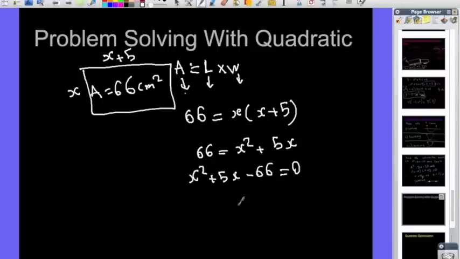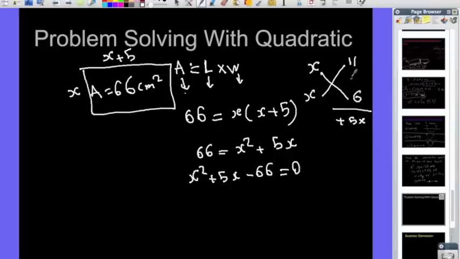See, we are getting a quadratic equation. So what we would do is use the cross multiplication, factoring. So what gives us 66? It's 11 and 6. Yeah, but does 11 and 6 give us 5x?